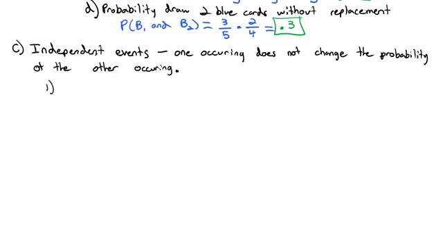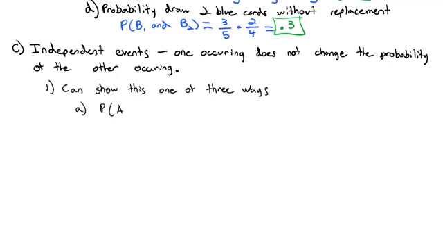Now, we can show things are independent in one of 3 ways. It doesn't matter which one of these ways we use, so we'll just pick the one that's most convenient for our context.